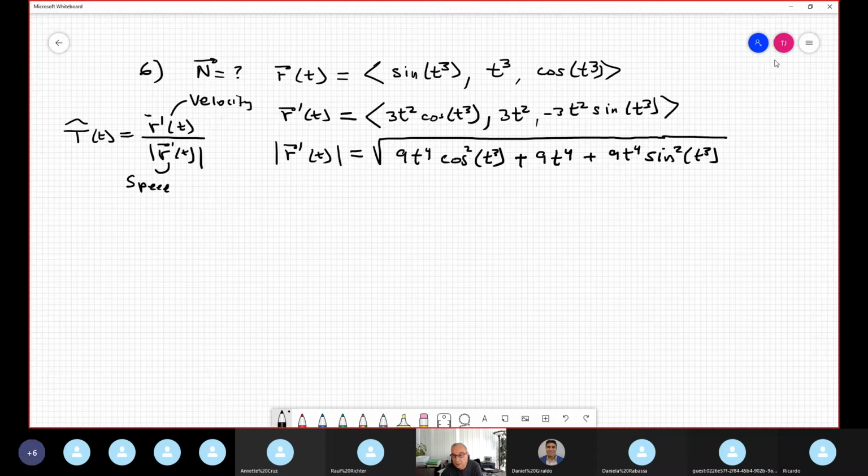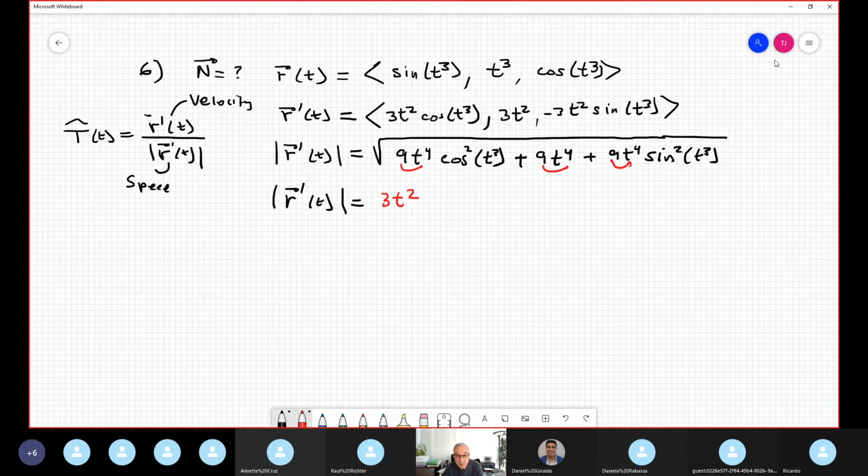Okay, and we can simplify. Of course, we can simplify because I can see that 9t^4 is a common factor. I factor it out of the radical, so outside the radical it's actually 3t squared, no? Make sense or no?